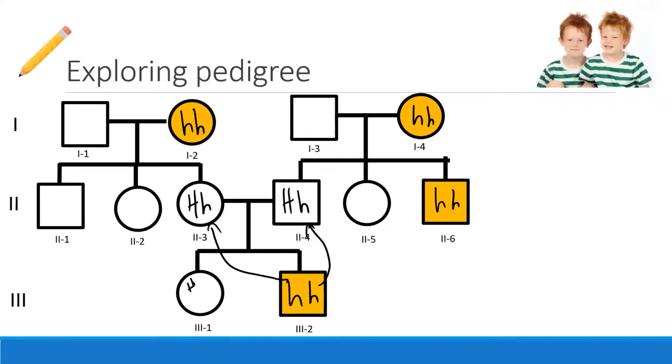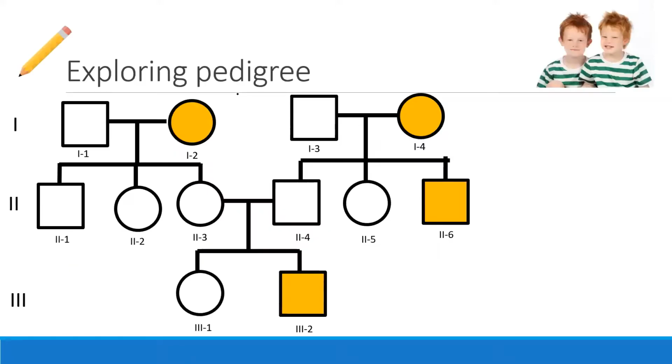This lady, she could be HH or she could be H lower h. And then we did the same thing for the rest of the family. Where I wanted to take this is one step further. So I always put the recessive ones in because they're the easiest ones to work out.